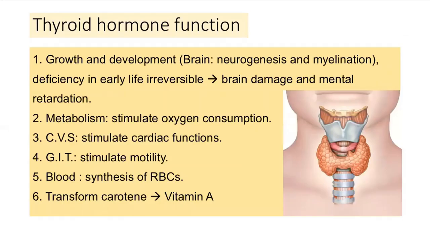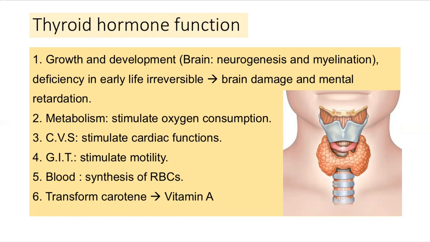So what are the functions of the thyroid hormones? They are responsible for growth and development, brain neurogenesis and myelination. Deficiency in early life is irreversible and may cause brain damage. They are important in metabolism. They stimulate oxygen consumption.